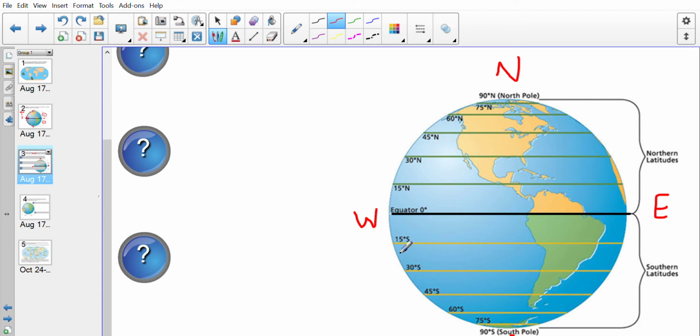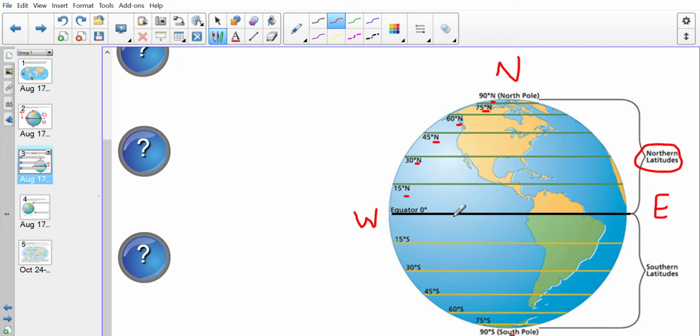So if we were to find some place in North America, any point in North America would be in the northern hemisphere, and it'd have a northern latitude. That's measured in degrees north. Anything in the northern hemisphere is measured in degrees north.